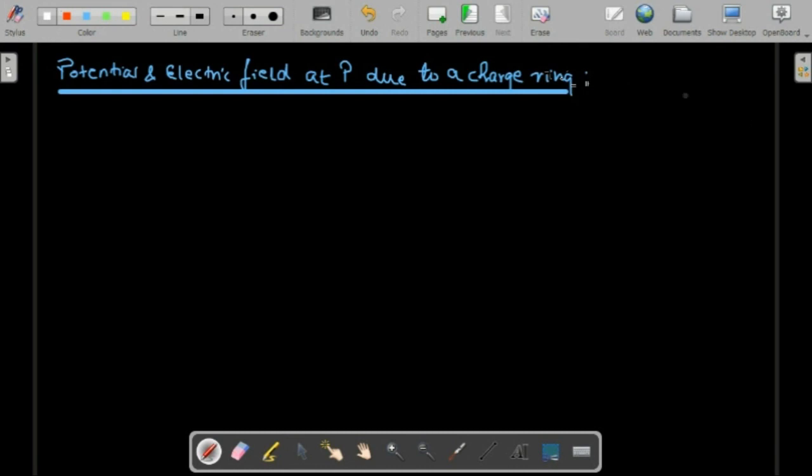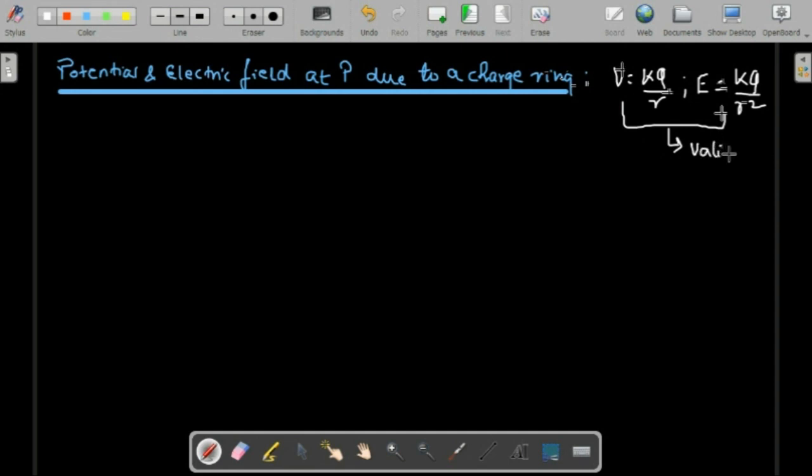If we recall our formulas, potential is kq by r, and electric field is kq by r square. Please remember, very important, that these formulas are valid for a point charge.